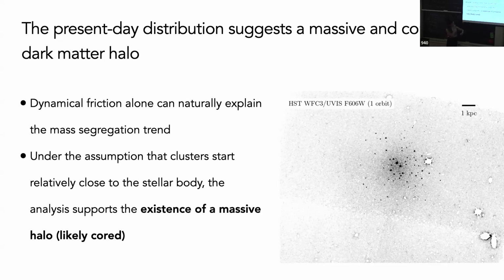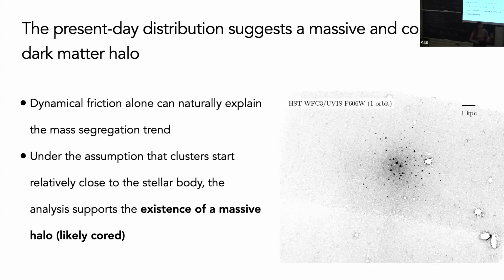So I'm not giving you any of the simulation details because I want to show you a few more things. But what we found, and again, we don't have any kinematic measurements here, is this: we're just looking at this image, knowing the masses of these globular clusters, running a simulation, and trying to match what we see in the simulation to what we see in the image.